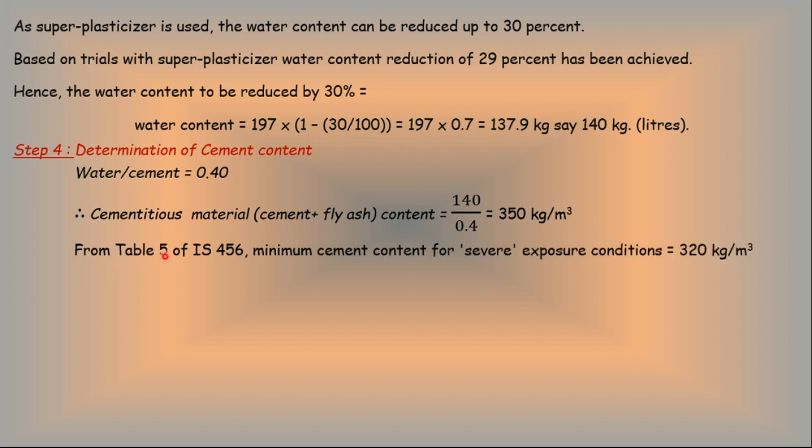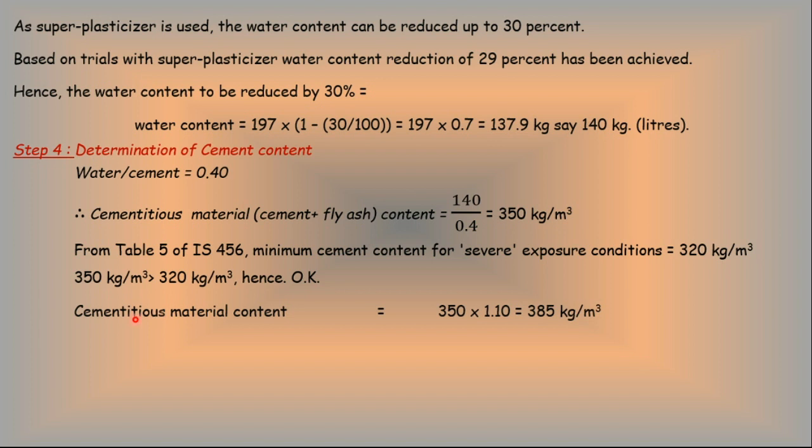From Table 5 of IS 456, minimum cement content for severe exposure conditions is 320 kg per meter cube. We got 350 kg per meter cube. So 350 kg per meter cube is greater than 320 kg per meter cube, hence it is sufficient and satisfactory.